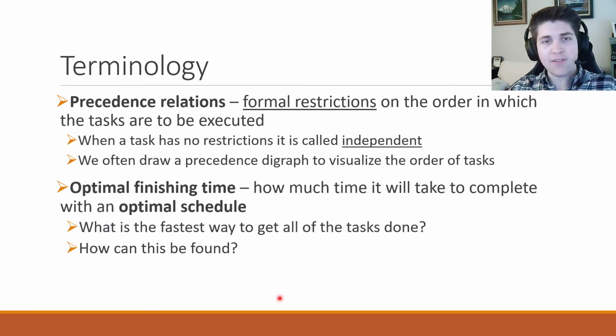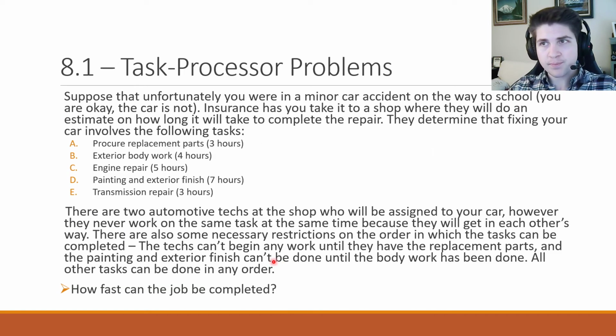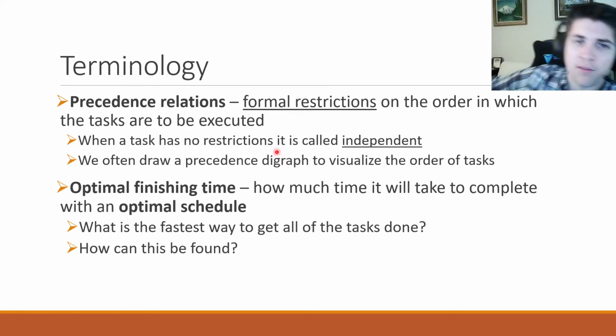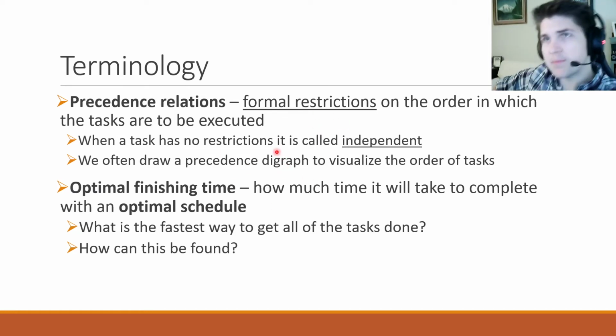If I told my workers to fix the painting first, it's just not a valid solution, because they probably don't even have the paint yet, because you haven't done A, you haven't done B. You can't violate it, and I'm going to come back to that later, but that's the first thing that we have to keep in mind when solving task processor problems.